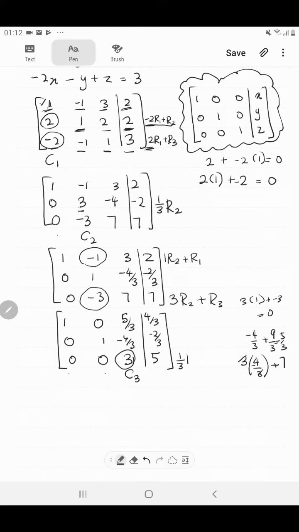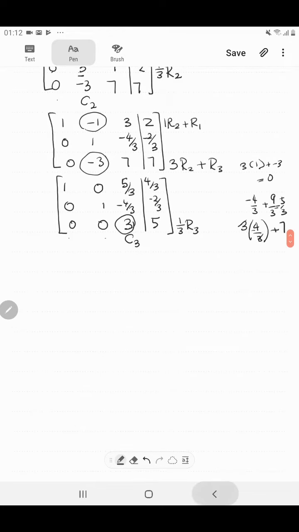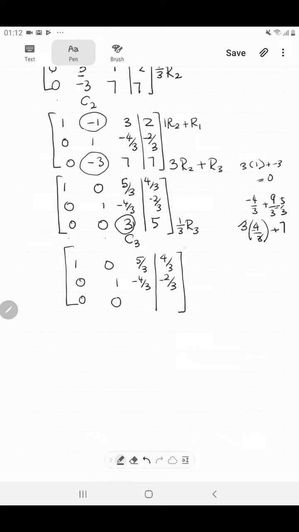Again, multiply with 1 over 3, and we should get the matrix. Okay, now we are ready to divide, get 1.